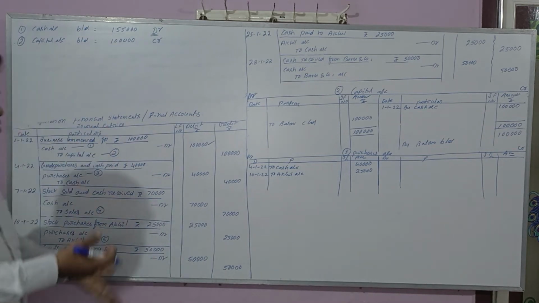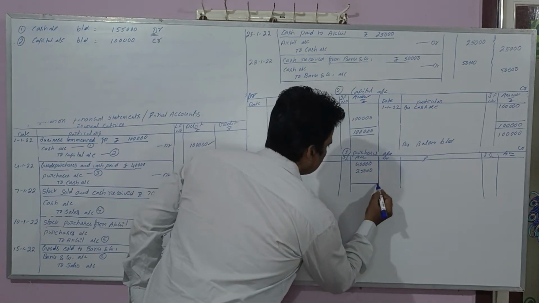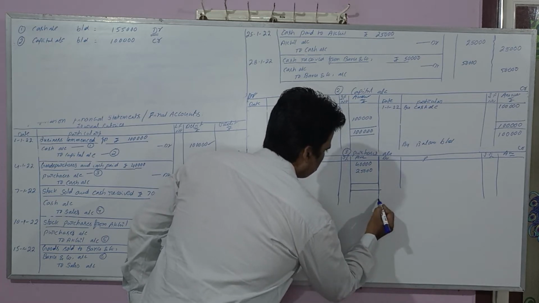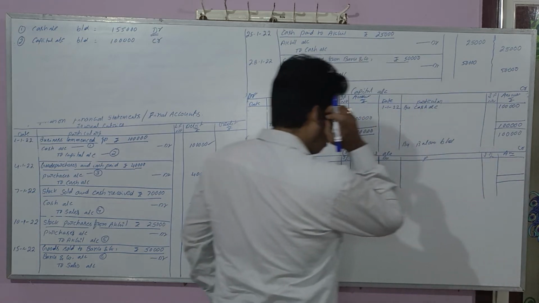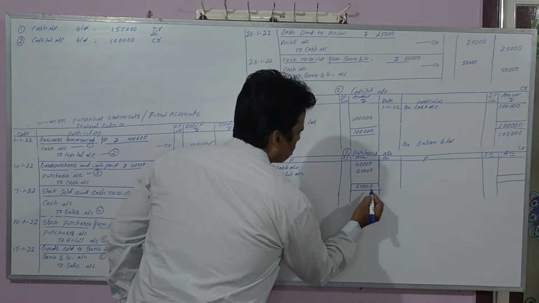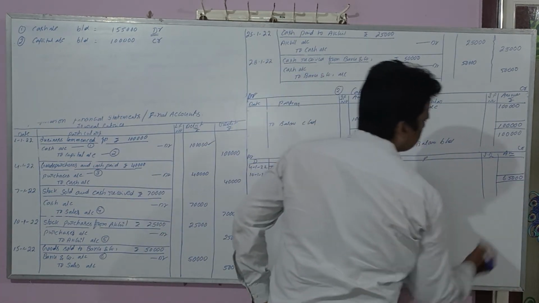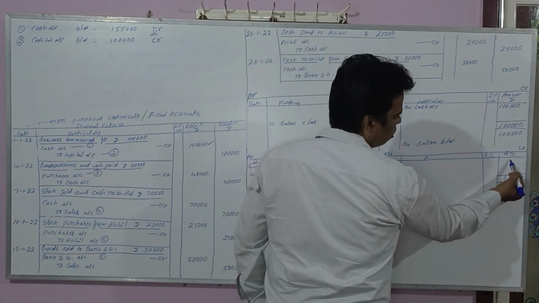After that, balance that account. First of all we total both sides. So debit is 65,000. The same amount is posted on the credit side. There is no amount there because 0 is there.